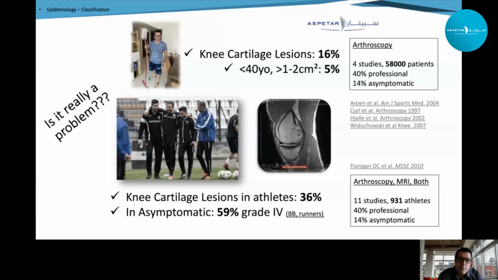Thank you. But in sports, the problem is quite bigger, and you can see some results published already in 2010 from almost 1,000 arthroscopic procedures in this systematic review. You can see that 1 out of 3 have symptomatic knees.